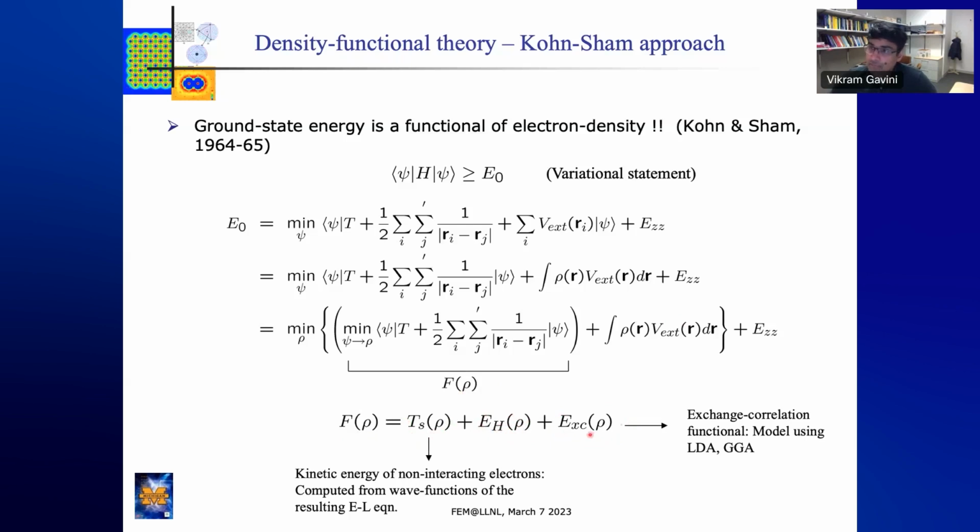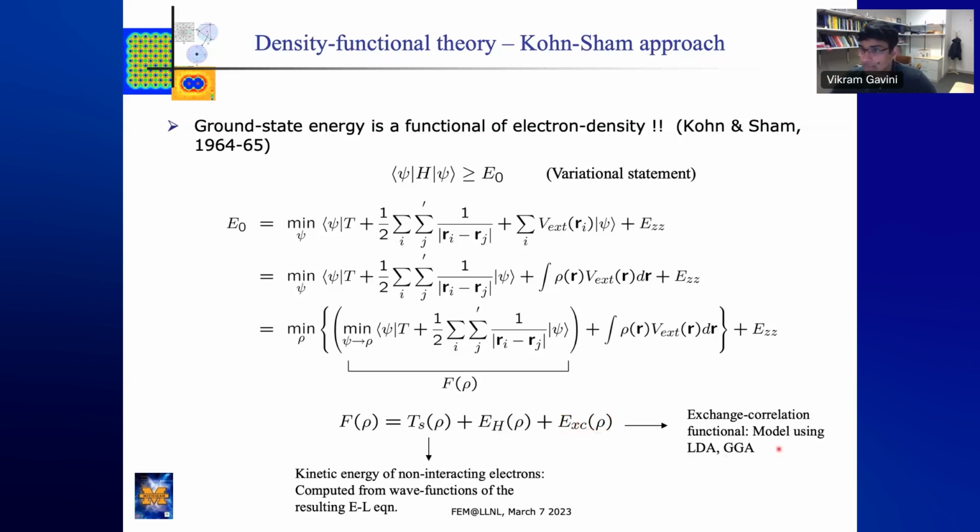So this E_XC of rho turns out to be a smaller quantity compared to T_S of rho and E_H of rho. And all the modeling approximations are now present in this E_XC of rho. While we know that there exists a universal E_XC of rho, we don't know again what the form is. And this is where any approximations or modeling in density functional theory come about.